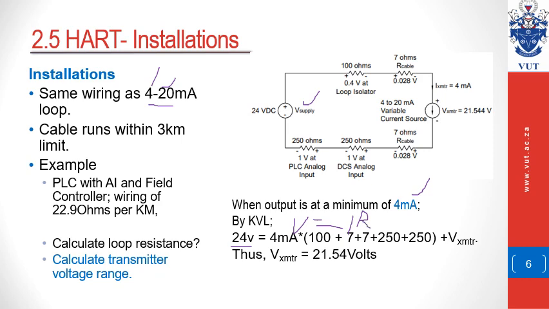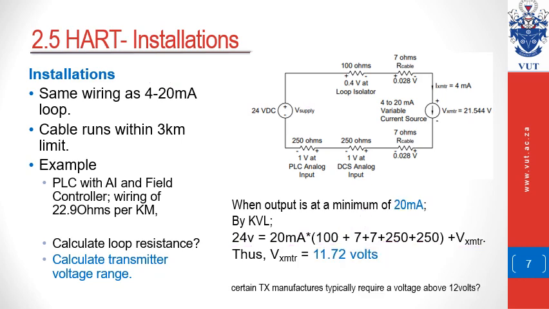Assuming the minimum current of 4 milliamps, the voltage supplied will be equal to the voltage across all the resistances plus the voltage across the transmitter. So 24 is equal to 4 milliamps times all the resistances plus the voltage across the transmitter. Solving this equation, the voltage experienced by the transmitter when the current is 4 milliamps is 21.54 volts.